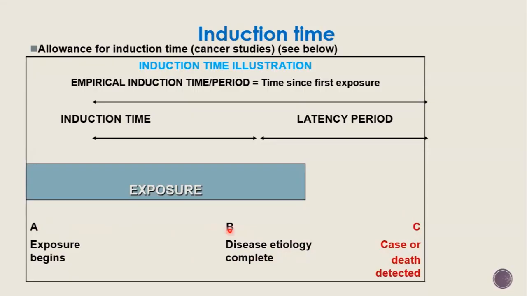From B to C is called the latency period. And from A through B to C is called the empirical induction time or period.